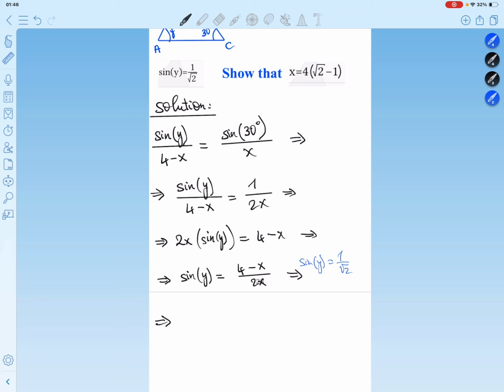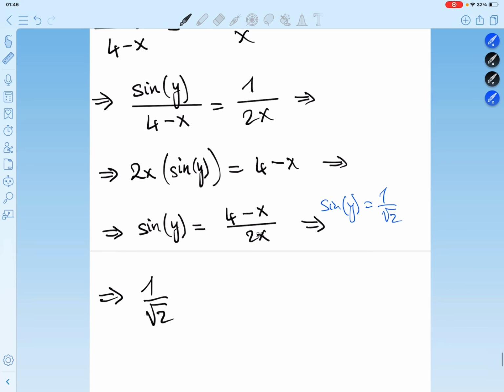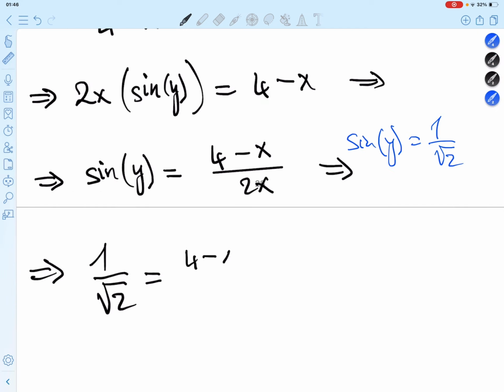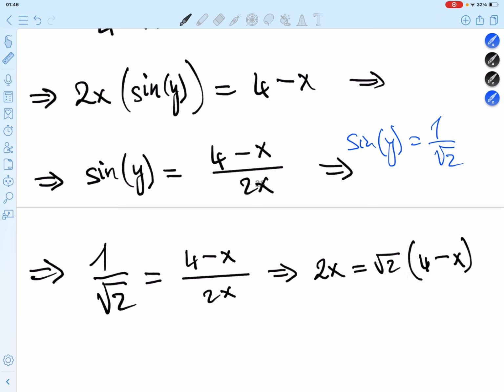Therefore this implies that 1 over square root of 2 is equal to 4 minus X over 2x, right? Now if we cross multiply, we're gonna have 2x is equal to square root of 2 times 4 minus x.